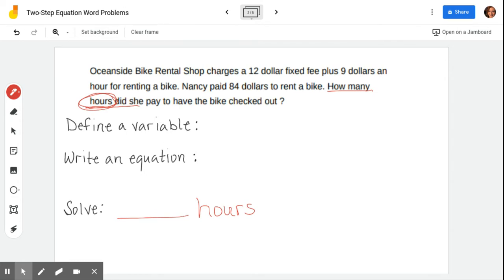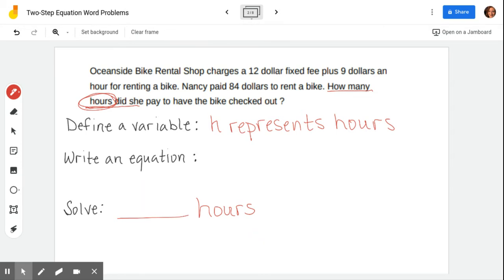So to define a variable, like I said, you can use a generic X, or for this one, hours starts with H. I'm going to say H represents hours. I'm finding how many hours she had the bike, not how much she paid, not what she paid for, but how many hours she had it.